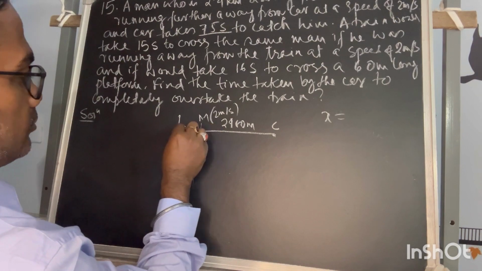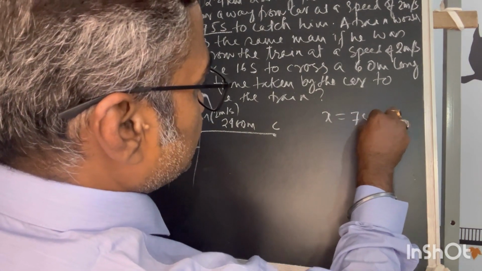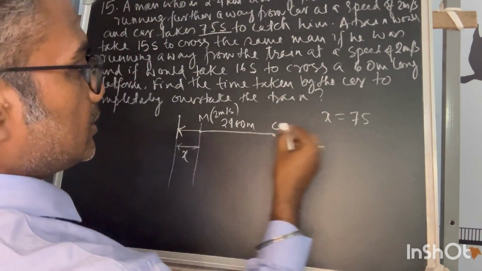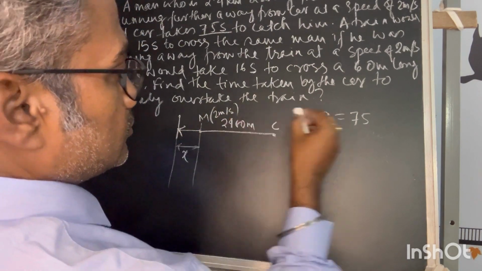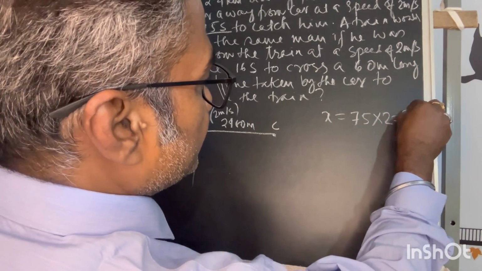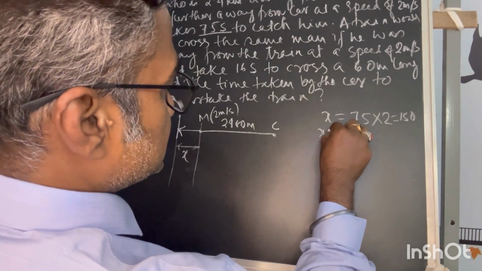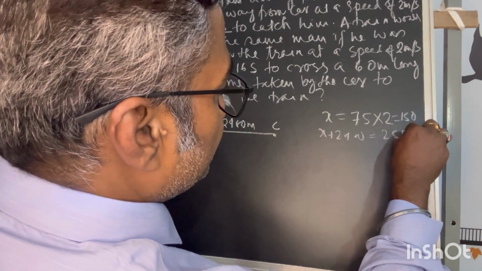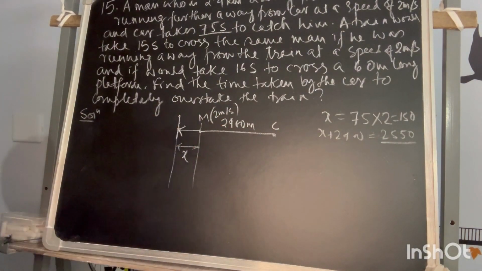In 75 seconds, he can move another 150 meters, so x is 150. What is x plus 2400? This is equal to 2550. So this is the distance the car has to move to catch the man.